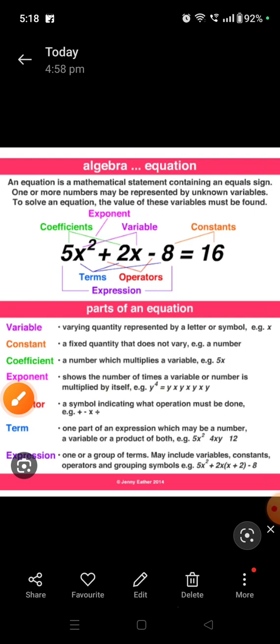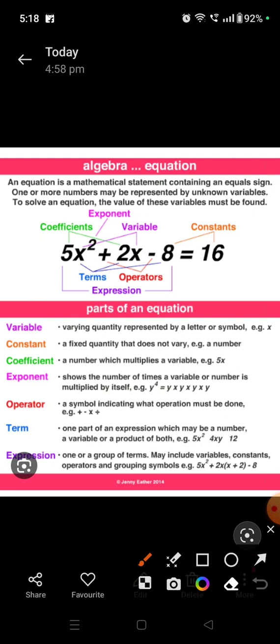So let's go. An equation is a mathematical statement containing an equal sign. One or more numbers may be represented by unknown variables. To solve an equation, the value of these variables must be found.